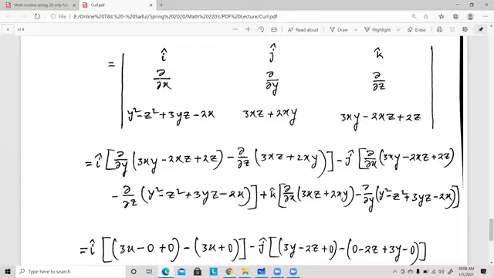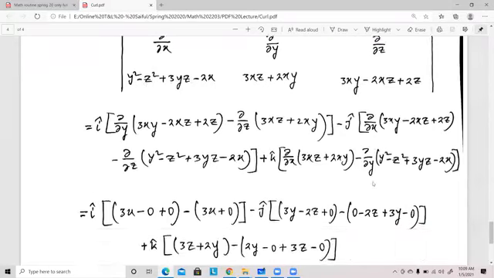In that case, it will be del by del x into 3xy minus twice xz plus twice z minus del by del z into y square minus z square plus 3yz minus yz. And from the last term, when k will be taken, then this column, this row cancel. We get del by del x into 3xz plus twice xy minus del by del y into this y square minus z square plus 3yz minus twice z.